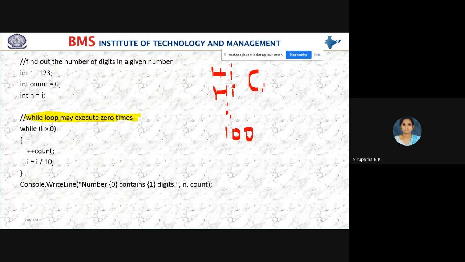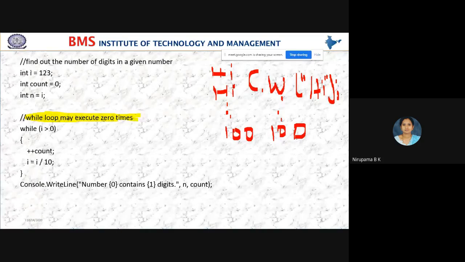One way is I have to write Console.WriteLine hi. If I select this method, this line I have to write 100 times. Is it right, students? This line I have to write 100 times.